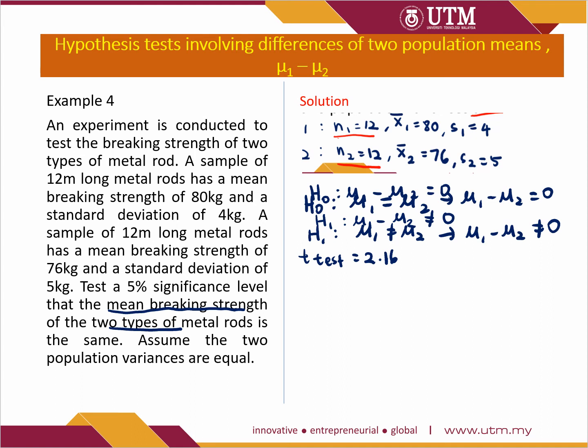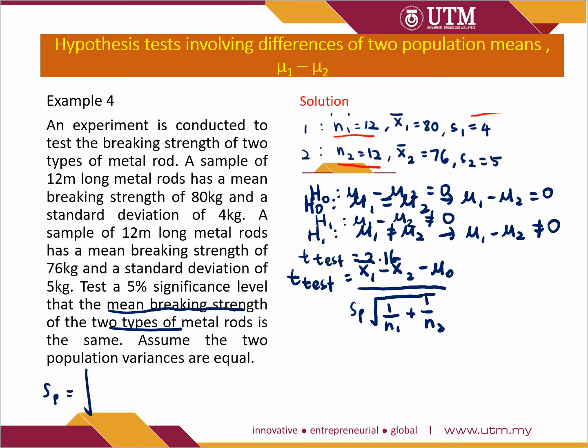Since this is a small sample size and the population variances are equal, we will use the t-test, which is equal to... First let's identify the value of SP.